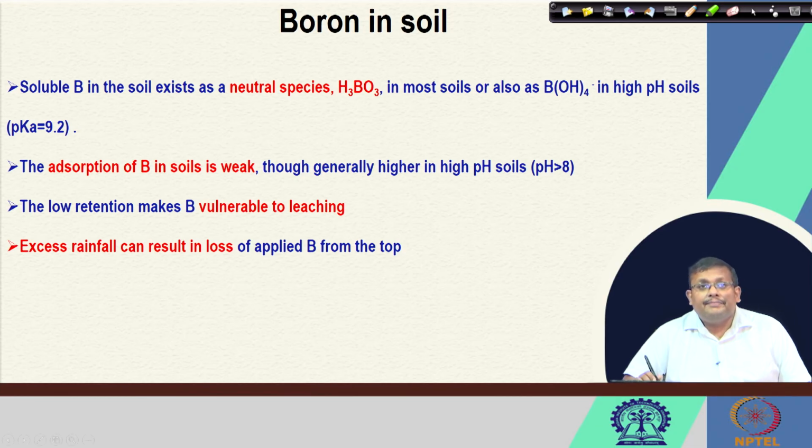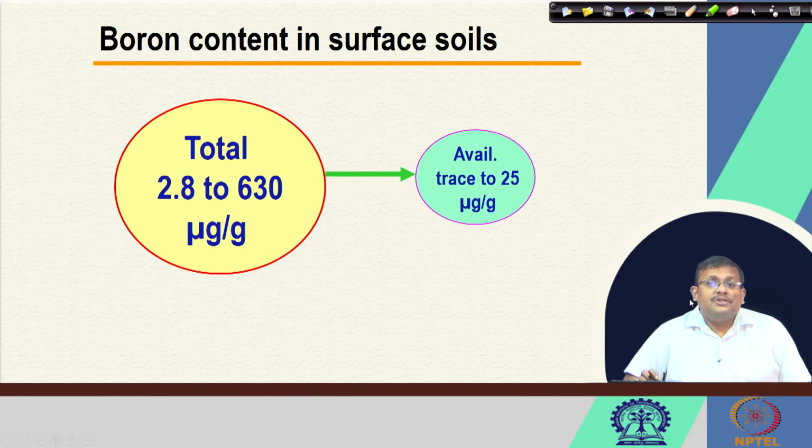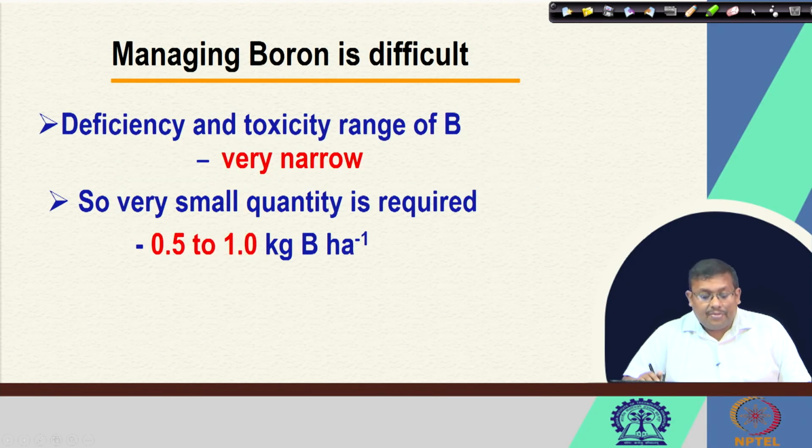So, if we see the boron content in surface soil, of course, the total boron content can vary from 2.8 to 630 ppm. However, the availability of the boron is very less, varying from trace to only 25 ppm. So, that is why boron management is very critical.